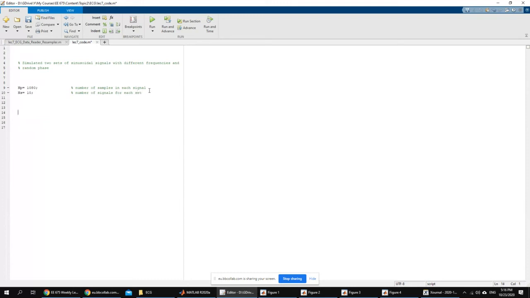I'm going to generate it the way that I did before. Let's put F sampling, Fs, equal to 360. This is the sampling frequency, which means that Ts is equal to 1 over Fs. You're going to need that to generate the samples.